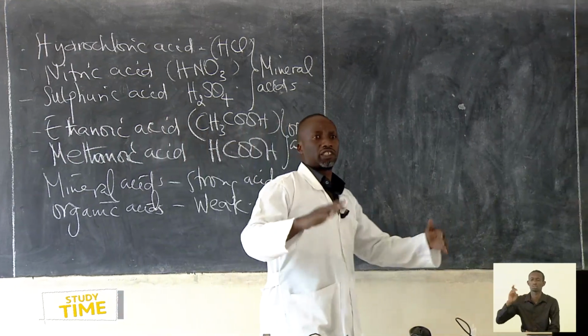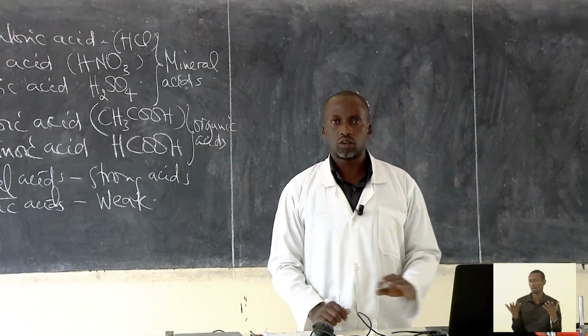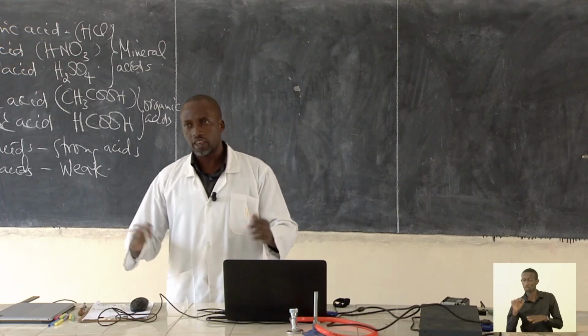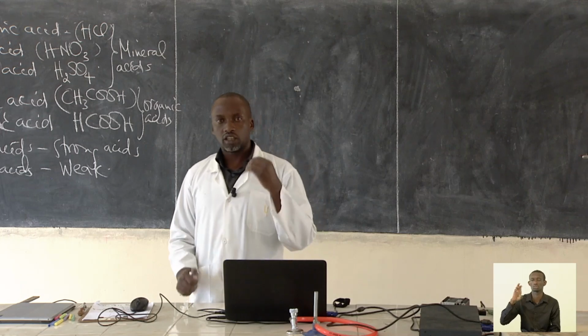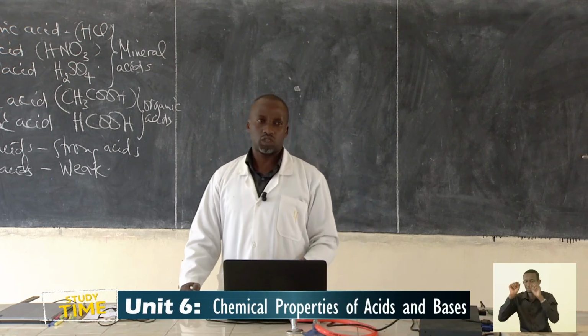So you remember we even tested. We are looking at how you can test whether the acid is strong or weak by using the conductivity. How fast can it conduct the electricity?